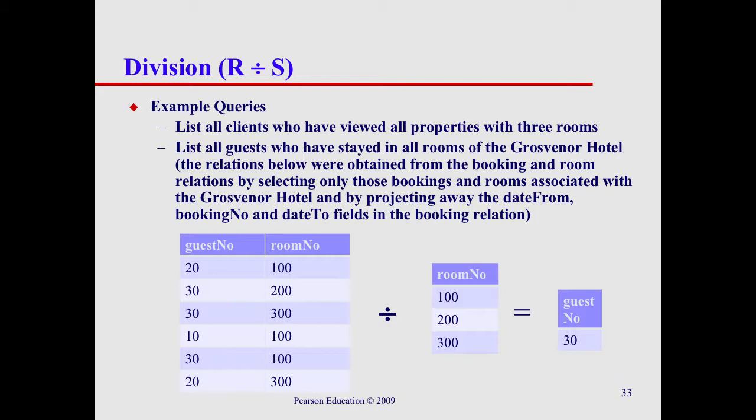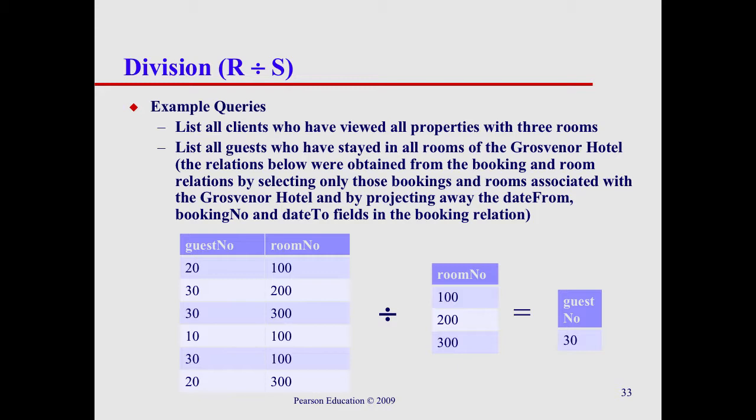And another way to think of set division is as a join, except that now, instead of being able to appear in the result if you match any row in the right side relation, now you show up only if you match every row in the right side relation.